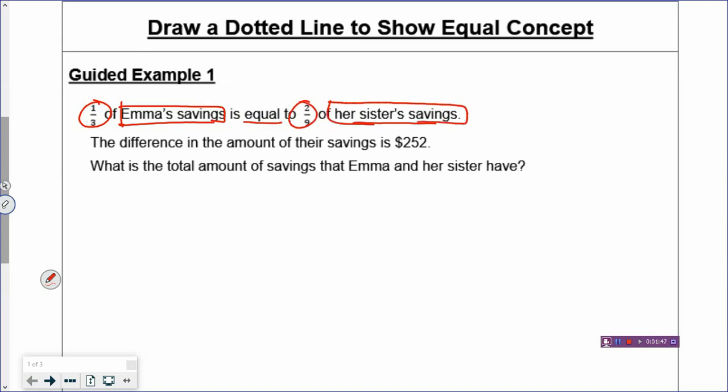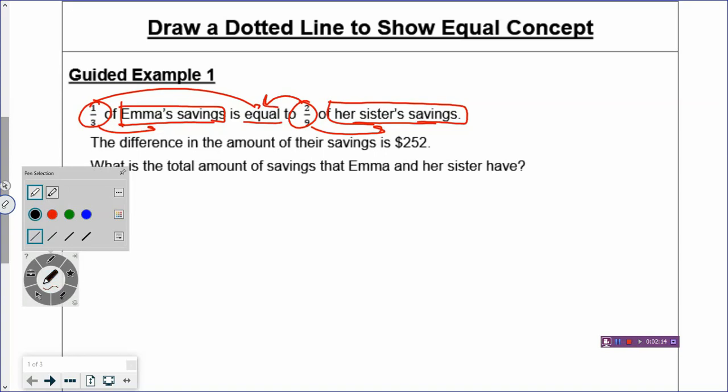Every time you see a fraction, you should think about what the fraction is referring to, and after that, you break up the fraction. So Emma's savings has 3 boxes, and 1 box is equal to the sister's savings, which has 9 boxes, and 2 boxes of the sister's savings is also equal. Once you understand that, we draw the model.